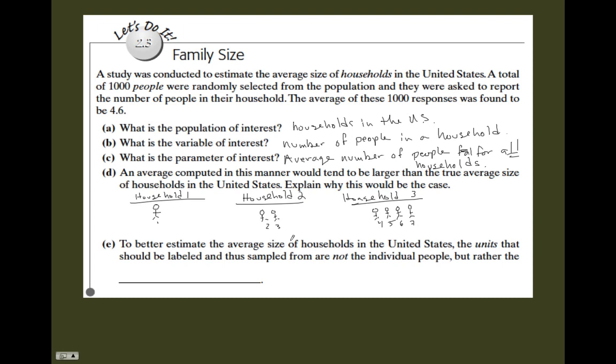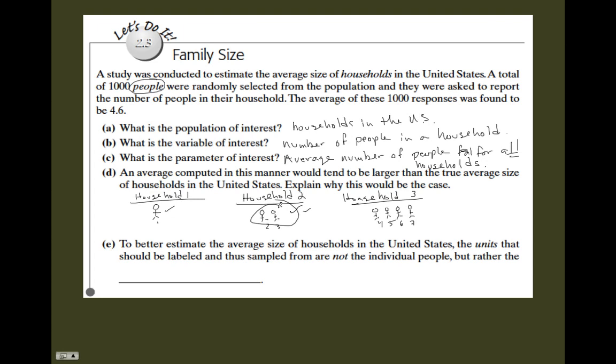Well, the problem is, since household 1 only has a single person, and since we're sampling people, household 2 has twice the chance of being selected because there are 2 people in household 2.